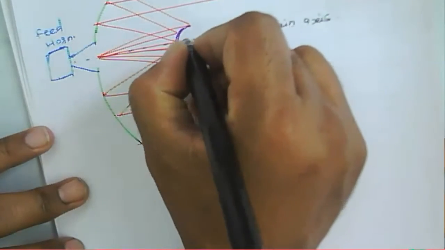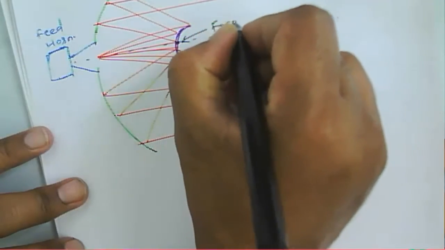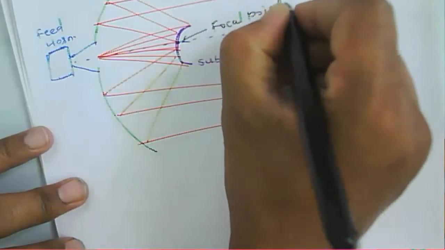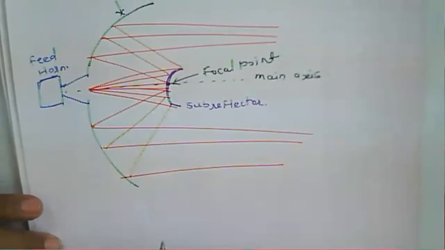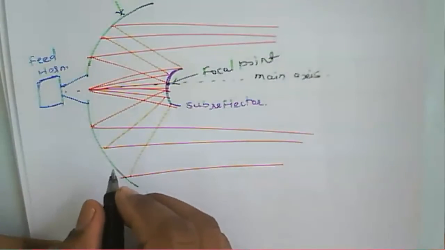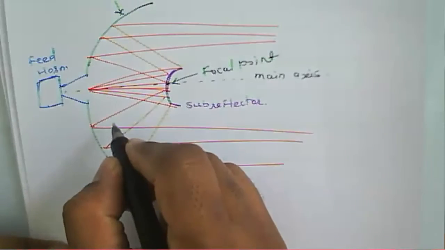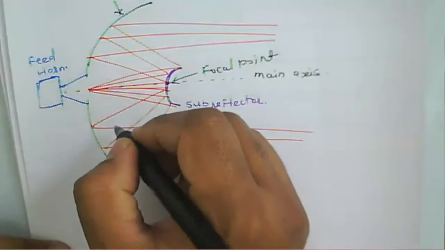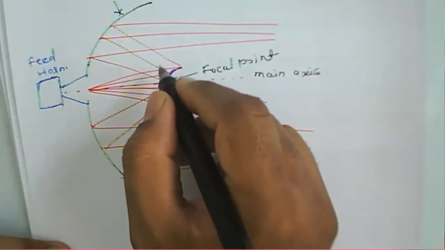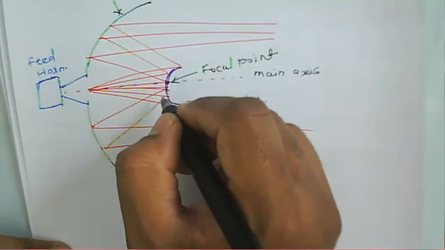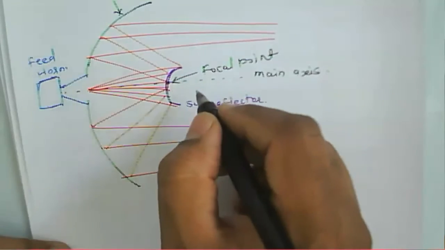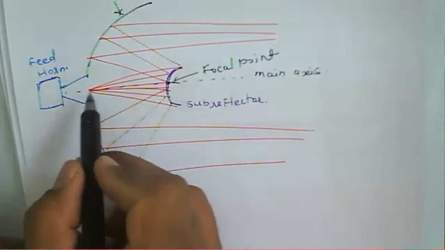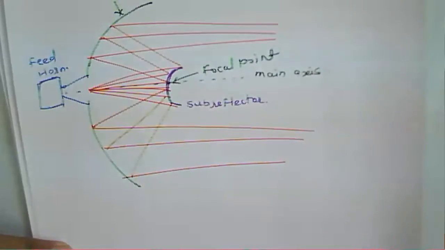The sub reflector is convex toward the main reflector. In that case, the structure is called a Cassegrain antenna.